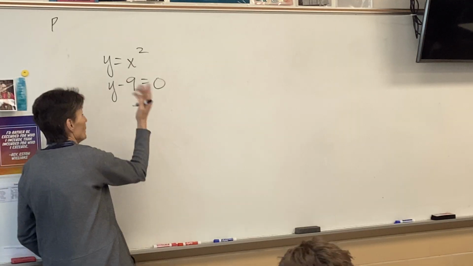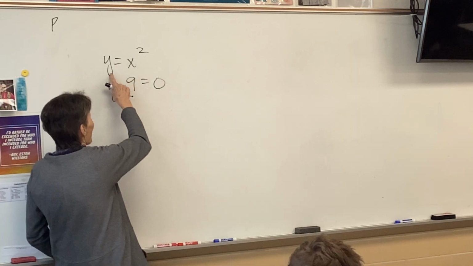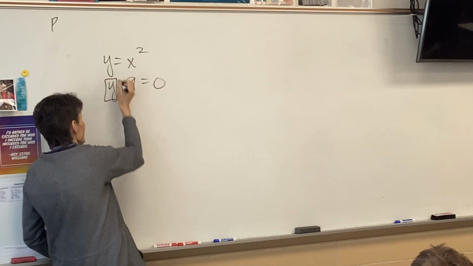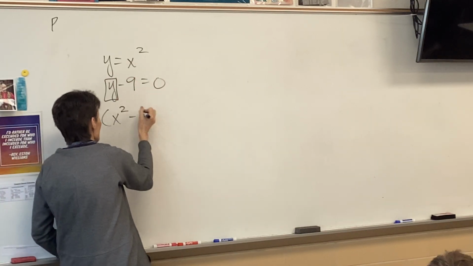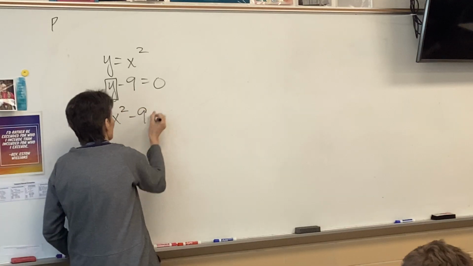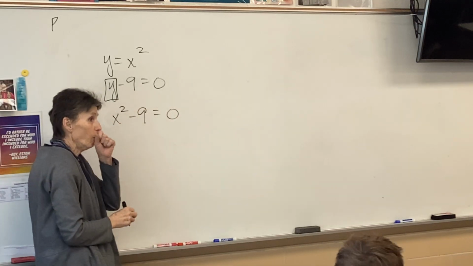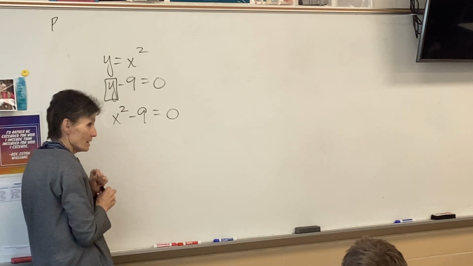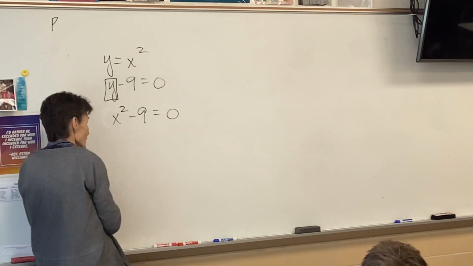Plug in, so for example, y is x squared, so I can put x squared right here. So it says x squared minus 9 equals 0. Is that okay with everybody? Yeah. Then, what do I do with that?